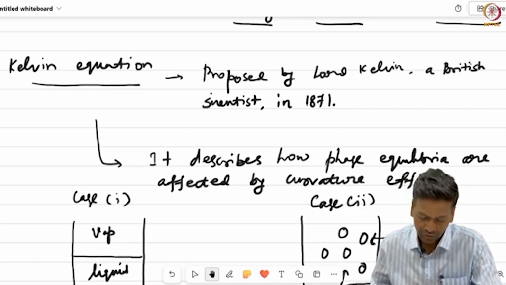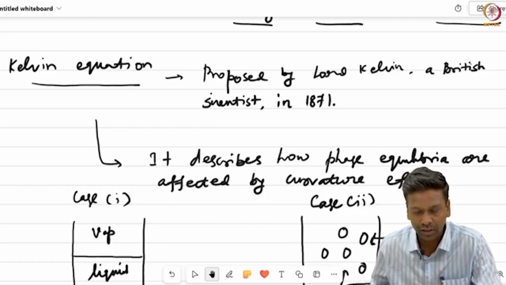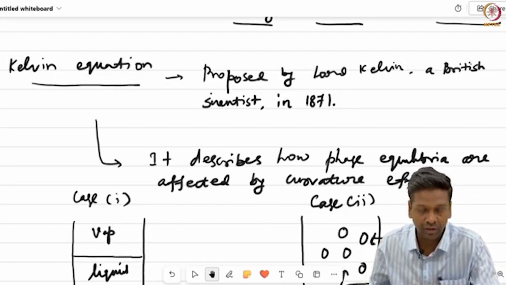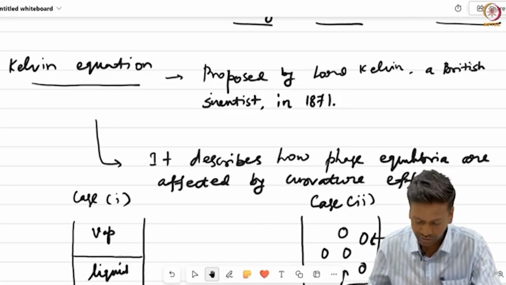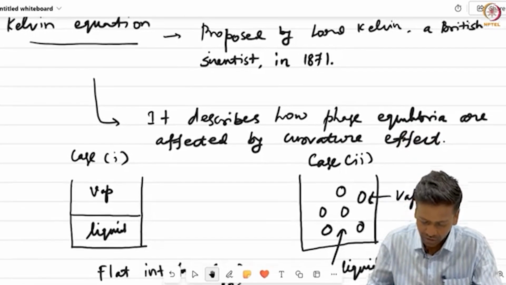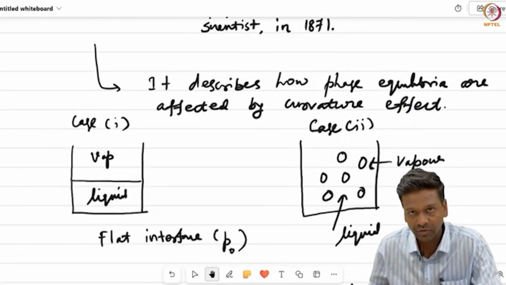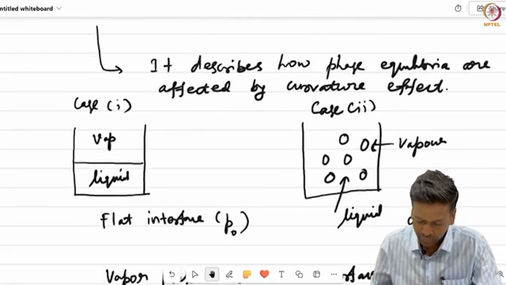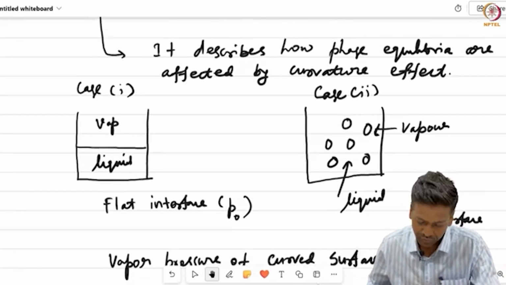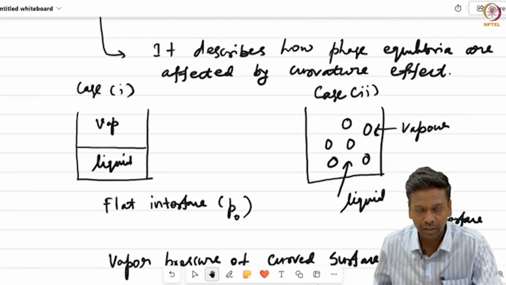In 1871 he proposed this form of equation, which we are going to derive shortly. In his article in 1871 he described it using the application of Young Laplace. So let us look at how it can be appreciated.